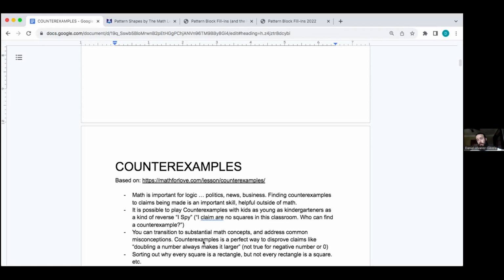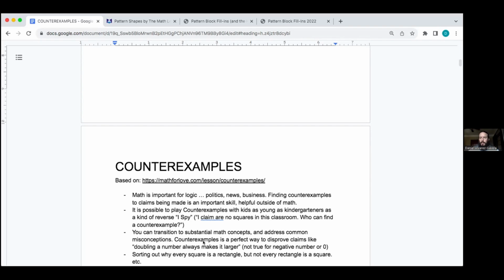But the statement every square is a rectangle, that's a true statement. And to establish it, it's not enough to come up with a single example of a square and say that's a rectangle. You actually need to make some reasoning as to why every square is a rectangle. That does involve some slightly more complex logic.